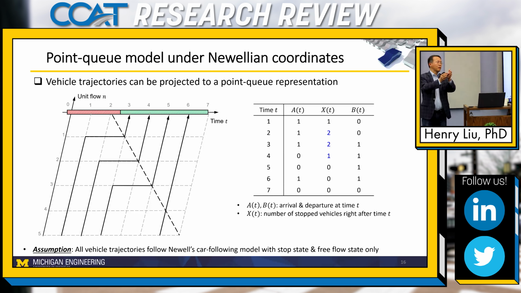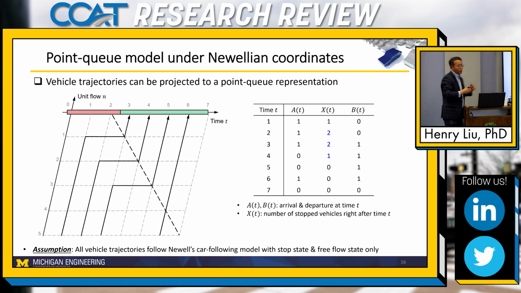If another vehicle arrives and stops, there's another vehicle queued up, so the queue becomes 2. Another vehicle comes, the queue becomes 3. Then when the light turns green, the queue leaves and the queue becomes 2. So with a point queue, there's no vertical distance. It's all built up vertically in terms of queue lines. That's a simplified traffic flow model.